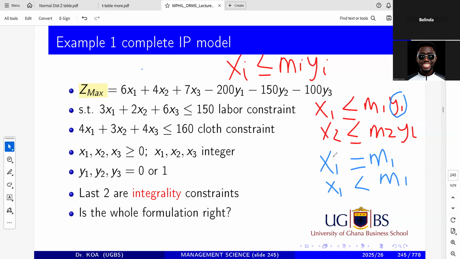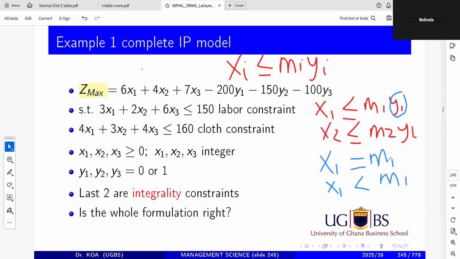So it means that x1 can have some values that are less than m1. And this same x1 can also have some values that are equal to m1. So actually, x1 can be m1, which means that m1 happens to be one of the x's.